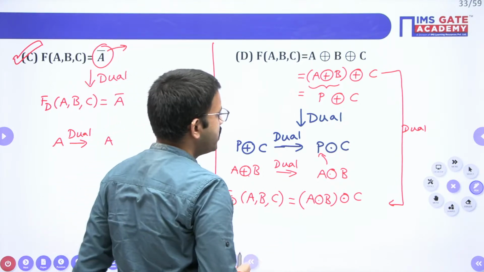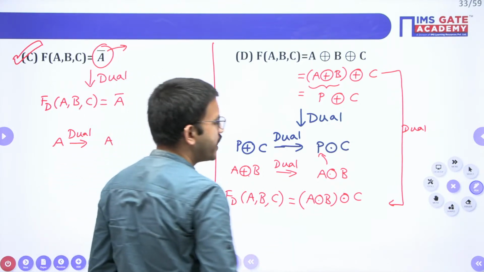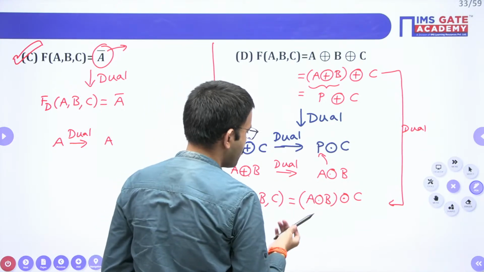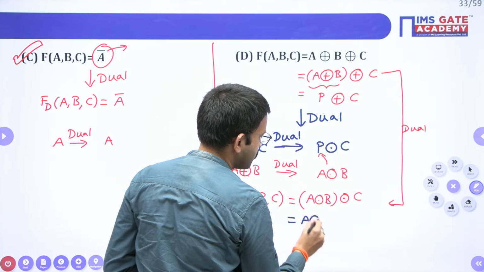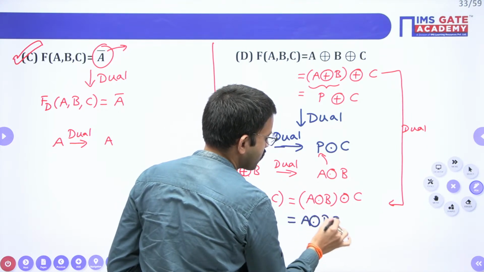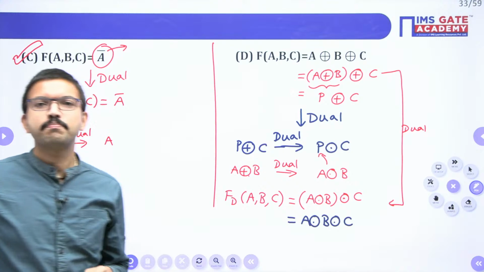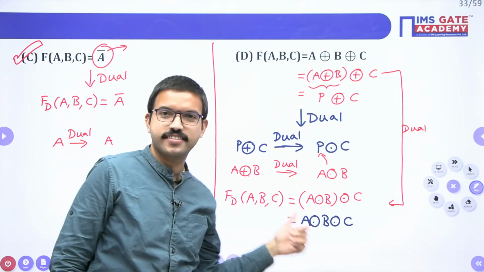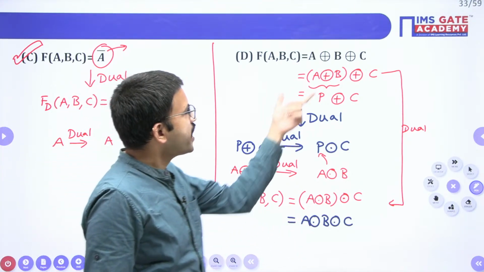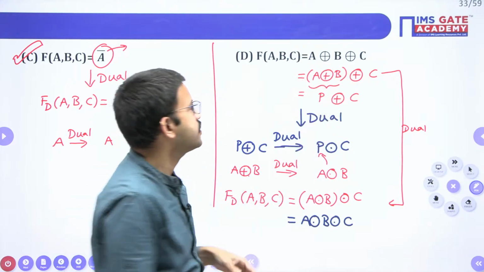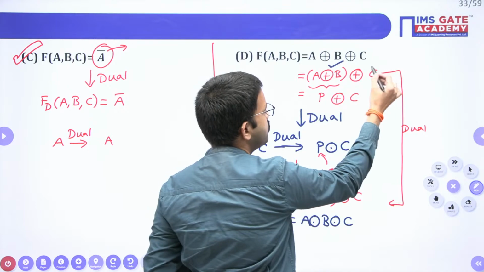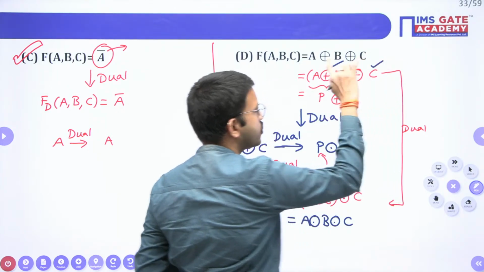Generally, students will write this entire function like this, but this is not correct. When you have three variables among which you are performing XOR, it is as good as performing XOR on any two variables first and then with the third variable.